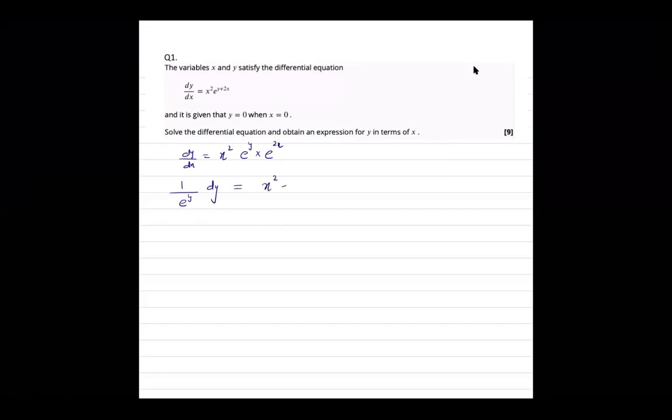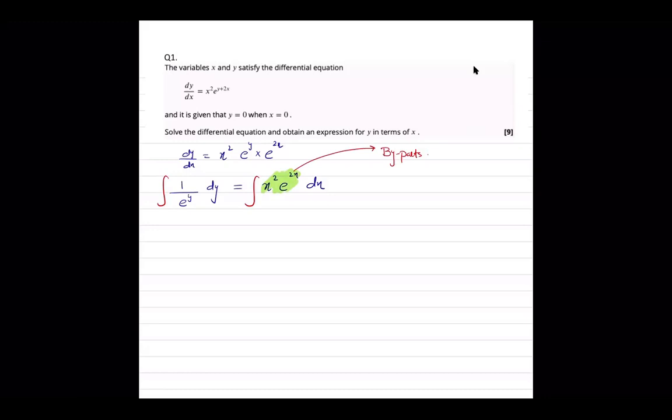And this is going to be x square e to the power of 2x dx. Also recall that this is the product of two different types of functions, and to integrate this, you are going to recall using integration by parts.